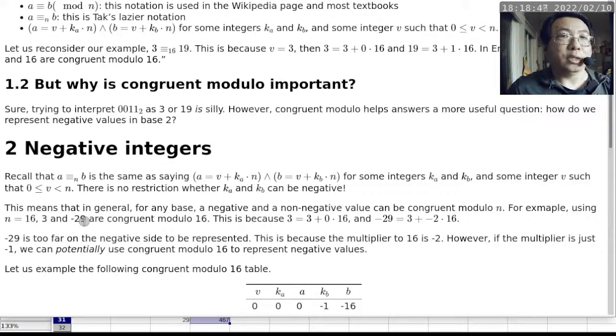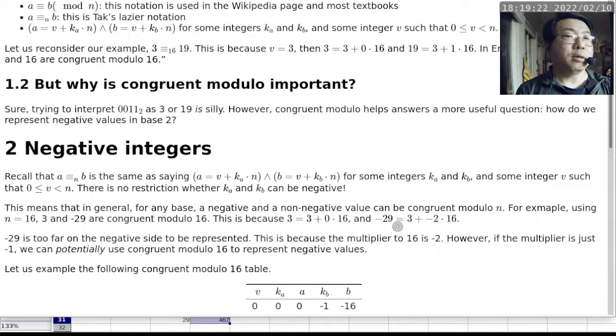As it turns out, these two are also congruent modulo 16. 3 is not exciting at all, because 3 is just 3 plus 0 times 16. Boring. But negative 29 is a little more interesting, because it is also 3 plus a multiplier, or coefficient, of negative 2. Negative 2 times 16 is negative 32, and if you add 3 to negative 32, you get negative 29.